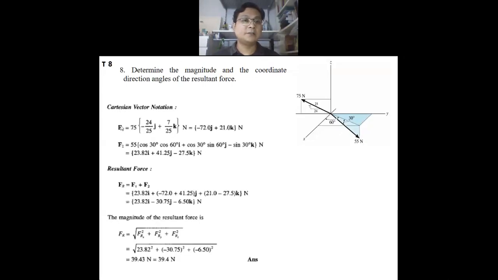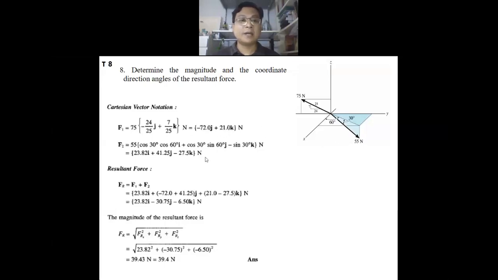If we look into F1, we have two directions only. I, J, K, only J and K are considered in force 1. I is 0, so no need to write it down, only J and K. So I is 0, J is negative 72, and K in the Z direction is 21.